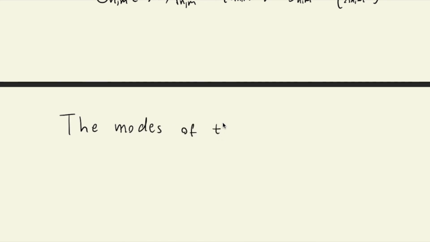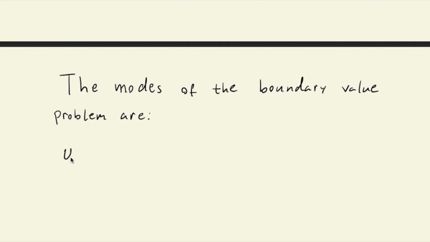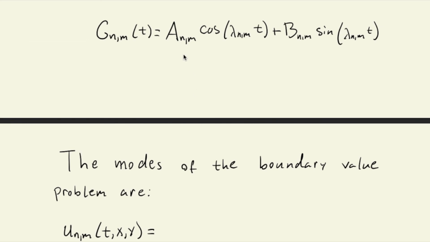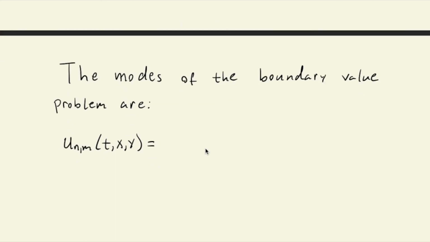of the boundary value problem are u n m. You choose two integers. You write t, x, y. First to write G, this equation here.